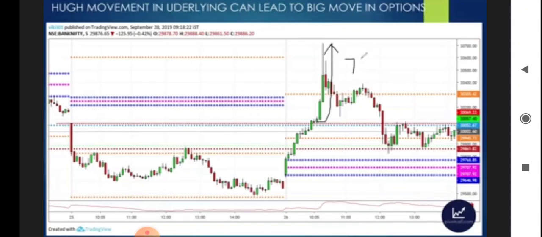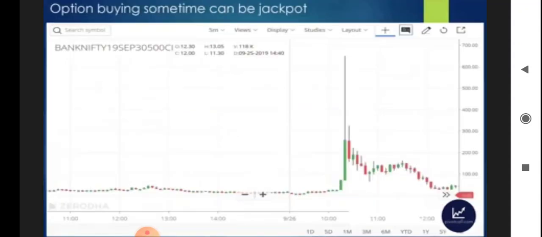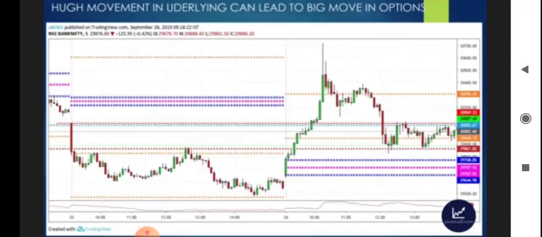You can see almost 700 points within 15 minutes. So that is how your option suddenly jumped from 5 rupees to almost 630 rupees. So that is what I said. If you are buying an option, it can be a jackpot. You can make big money. For that, the underlying also has to move like this.